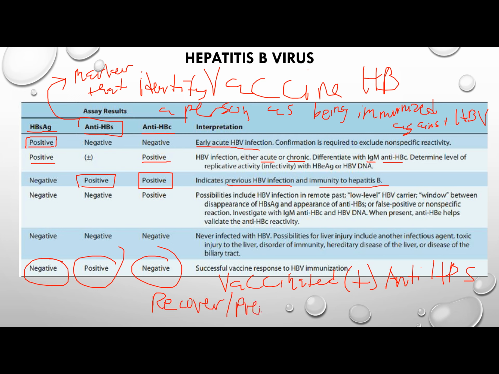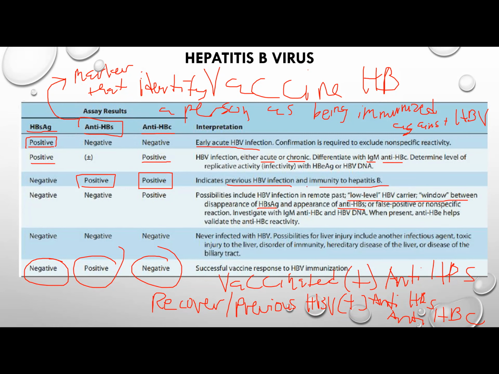But if you have recovered, meaning you have a previous hepatitis B infection, you would be positive for both anti-HBs and anti-HBC. Then the possibilities are remote past infection, low level HBV carrier, or the window between the disappearance of HBsAg and appearance of anti-HBs.